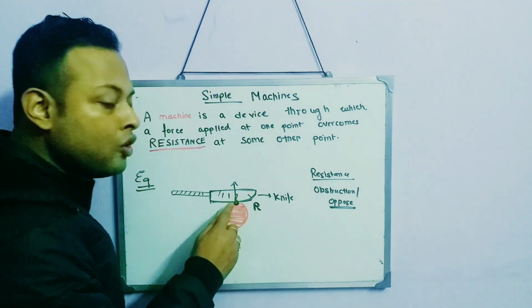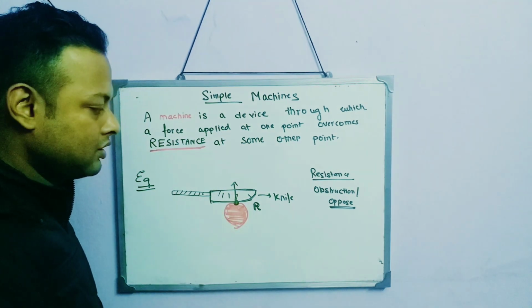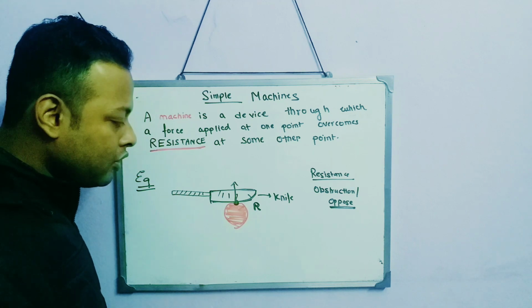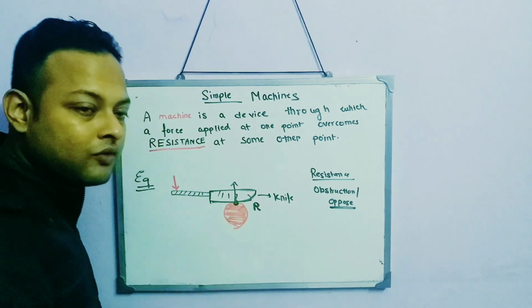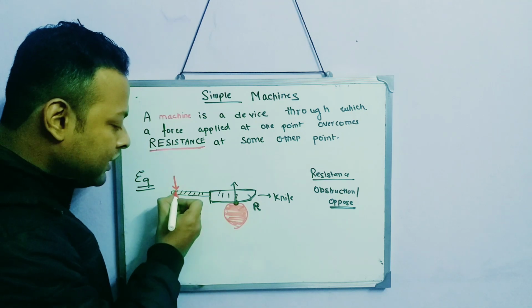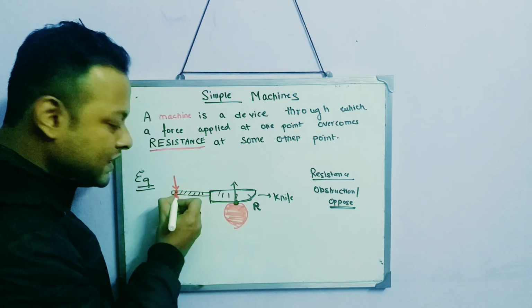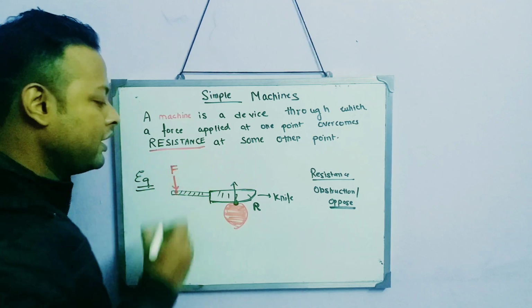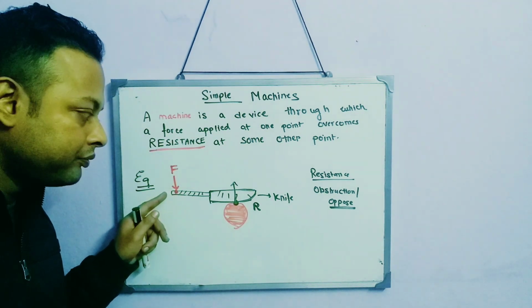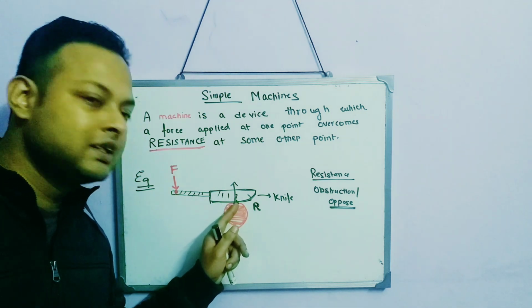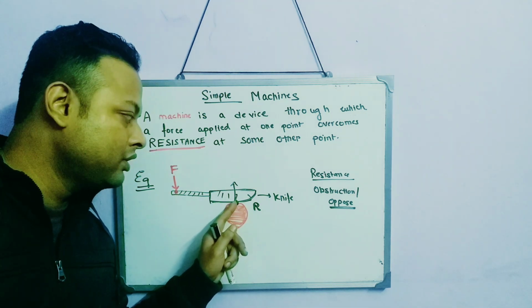Now how to overcome this resistance? Simple idea. We apply a force over here. We apply a downward force on the handle at this point. If we apply a force at this point, then we can overcome the resistance at this point.